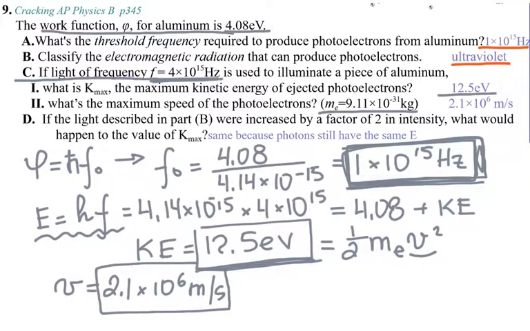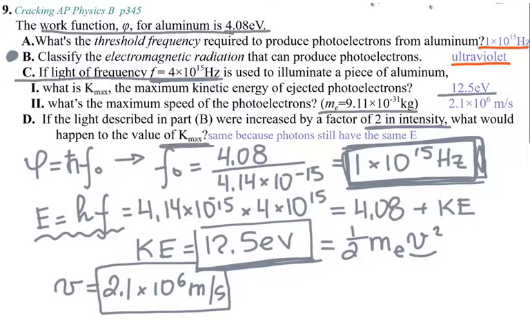If the light described in point B were increased by a factor of 2 in intensity, what would happen to the value of the kinetic energy?